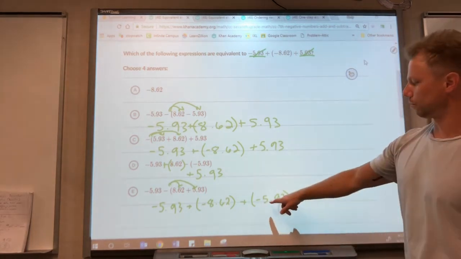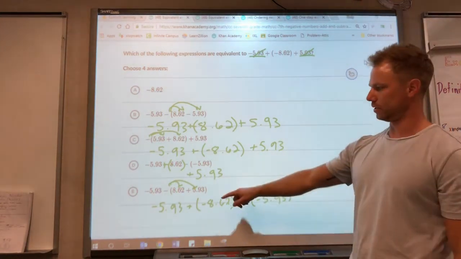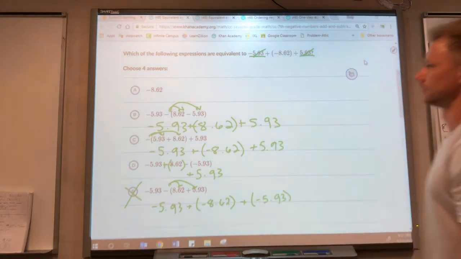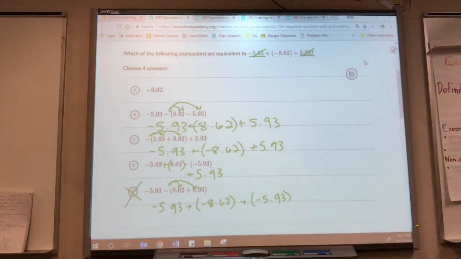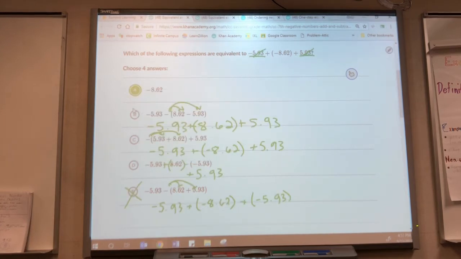Okay, that one should have been positive, but when we distribute, we get a negative, so that one does not match. So it would not be E. It would be just all the rest of them. So A, B, C, D.